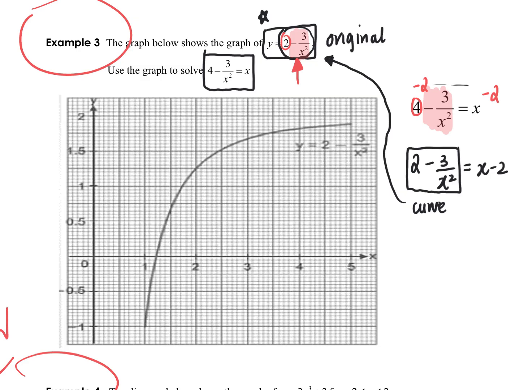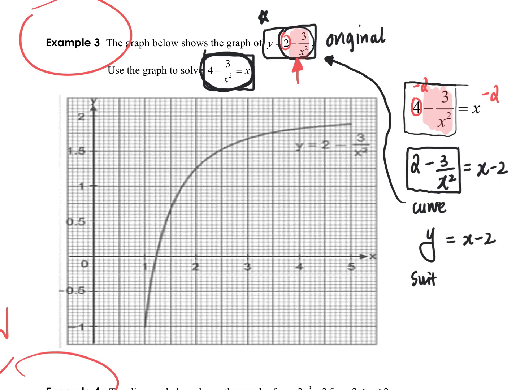So this curve is what you have drawn out. You want it to be equal to x minus 2. This curve is y, right? So this is the suitable line. How do you get x minus 2? The x was already there. I never changed anything. I just copy down what they want me to solve. But I need to make the left hand side look like my original, so I minus 2 on both sides.